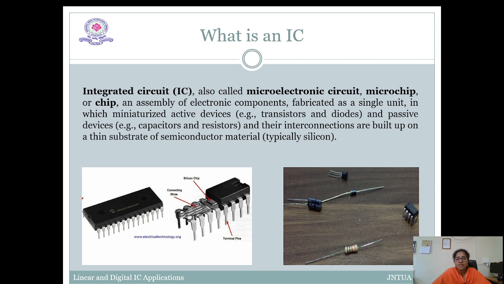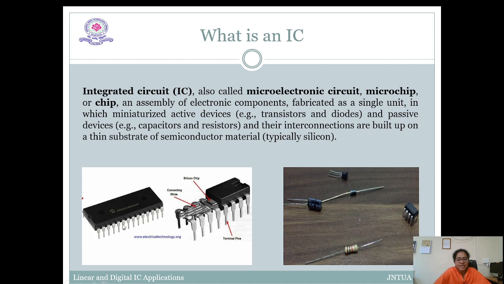And passive components are resistors, capacitors, inductors, right? But generally, inductors cannot be used in the IC. Only resistors and capacitors will be used. Those interconnections of both active and passive components are built upon a thin substrate of a semiconductor material, typically silicon. If you see here, that is the diagram.